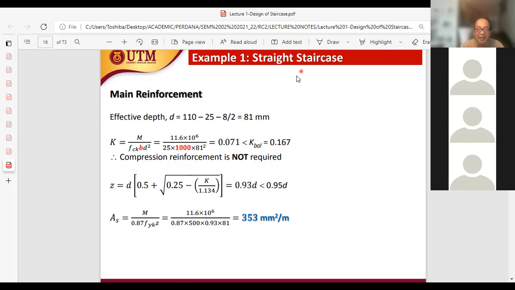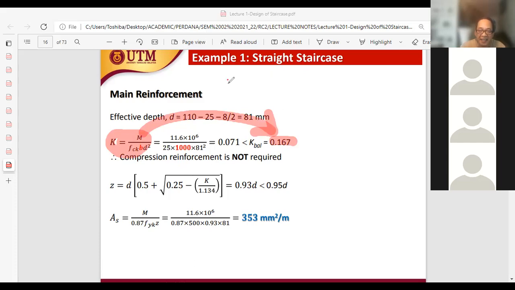This is what is recommended dalam Eurocode. We calculate what is the value of K and then kita comparekan dengan 0.167. If the value is less than 0.167, then singly reinforced. If it is more than 0.167, then it is doubly reinforced. Tertulang berganda. Saya lebih suka compare bending moment.